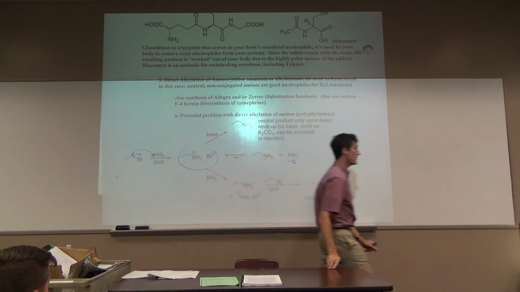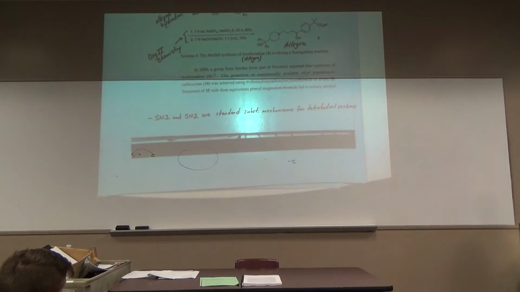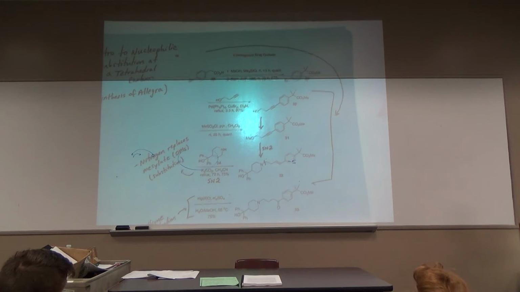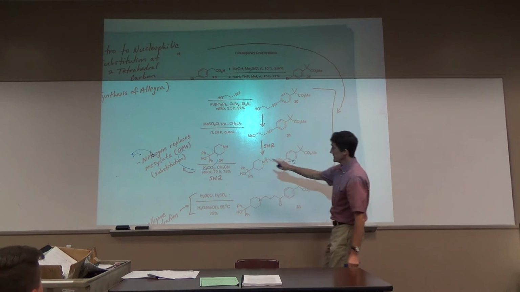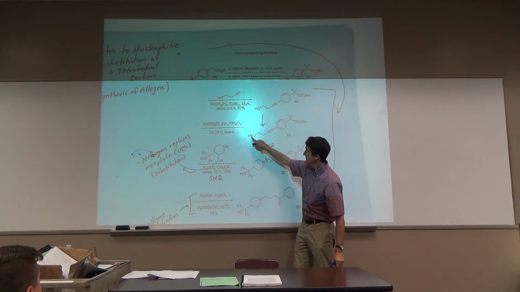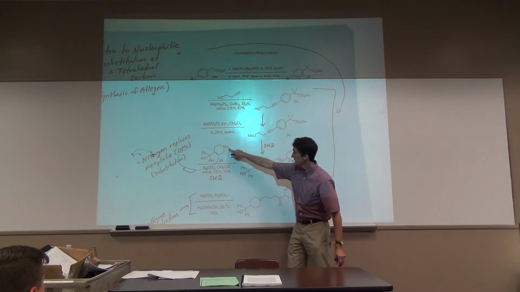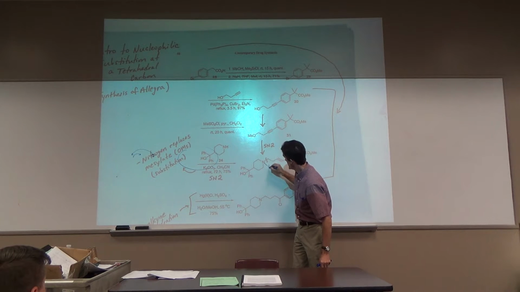That's why if you look back on the first page again, here we have a nitrogen acting as a nucleophile, kicking off, it's like a tosylate, and we're making this. It's got that H there. Okay, we get this.